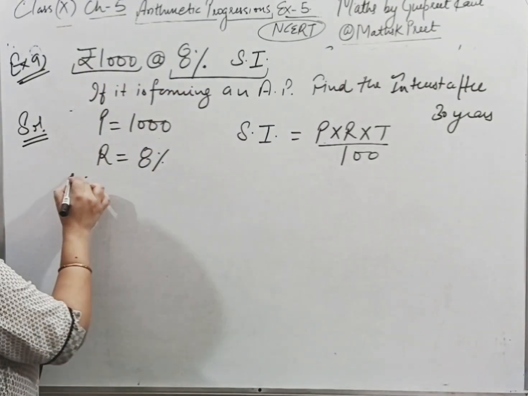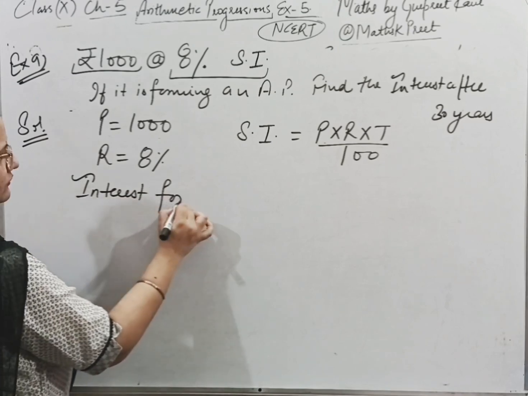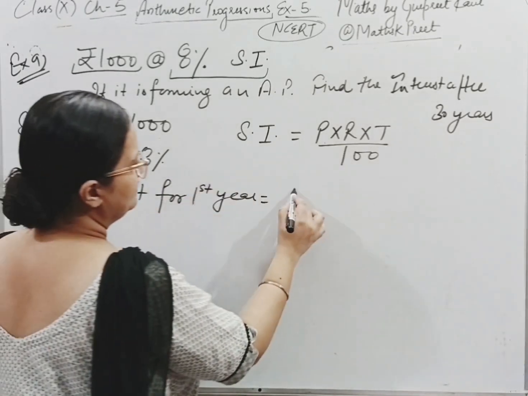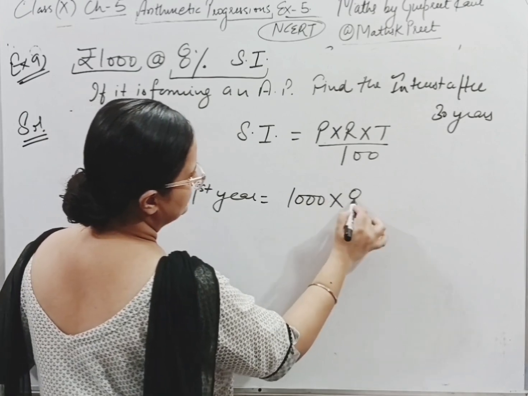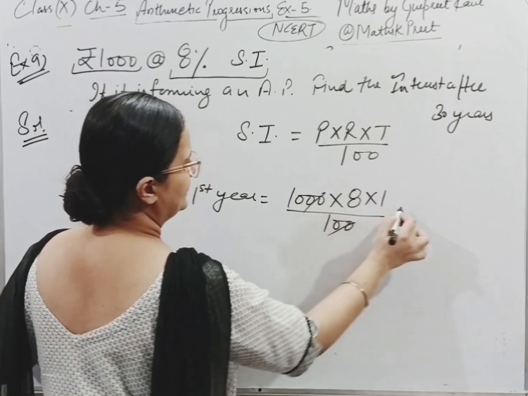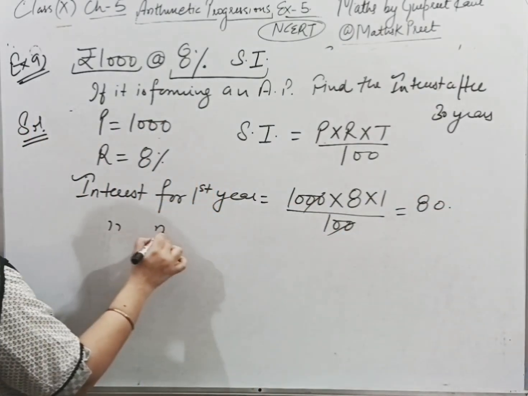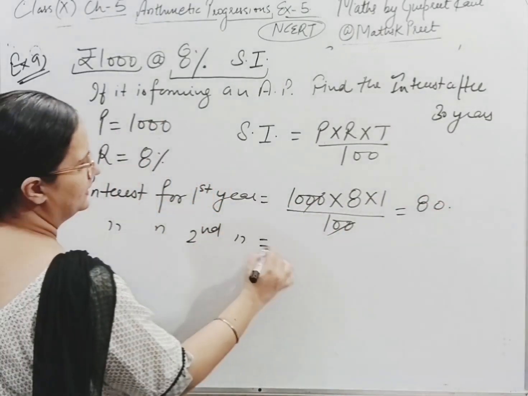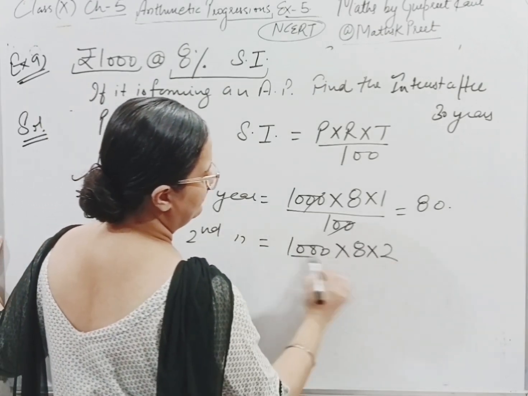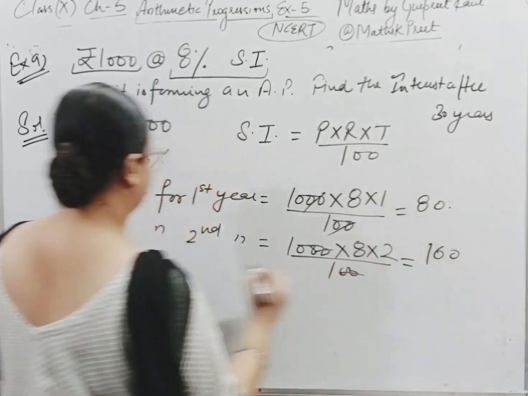So to calculate the interest for the next years, we will do interest for the first year. Just put the values in the formula. P is 1000, rate is 8. For the first year I'll put 1, and here I'm getting 80. Interest for the second year, 1000 into 8 into 2 divided by 100, I am getting 160.